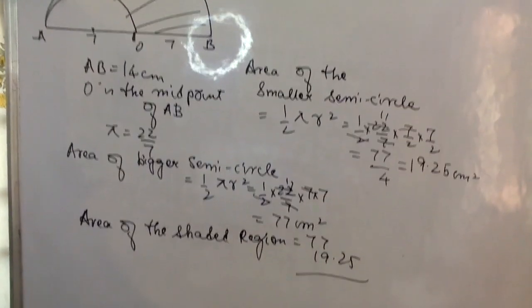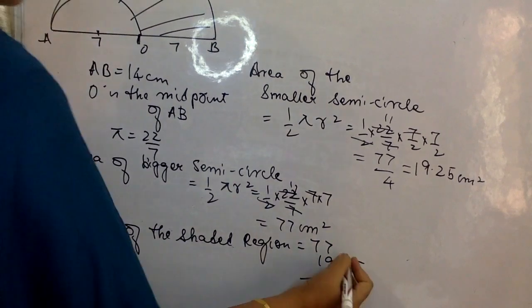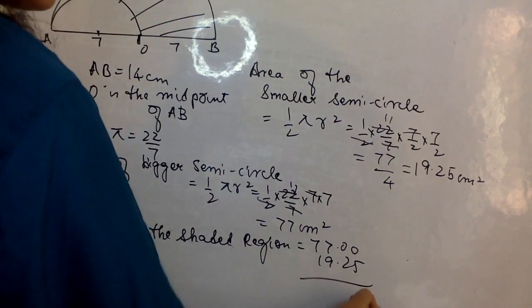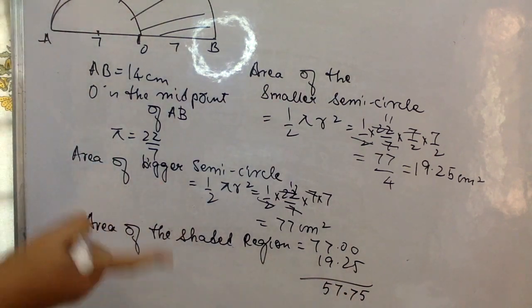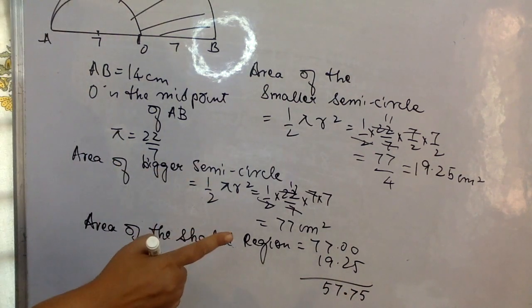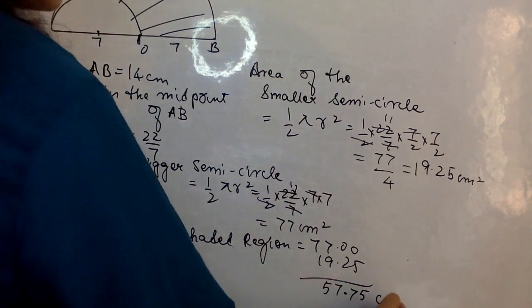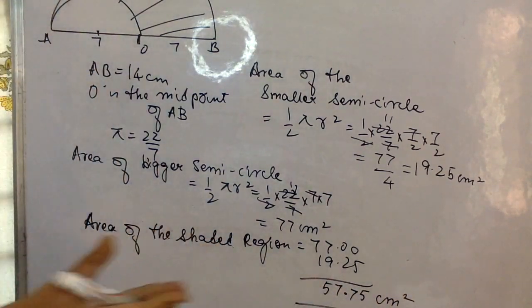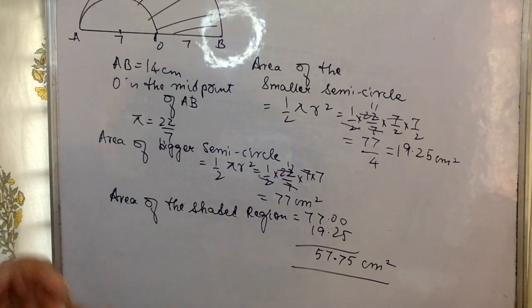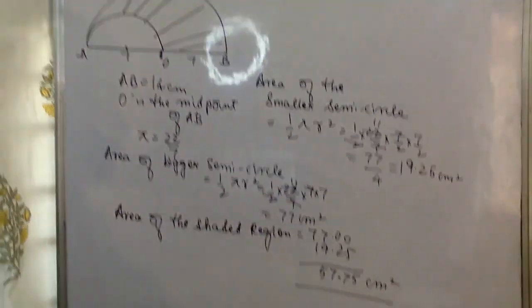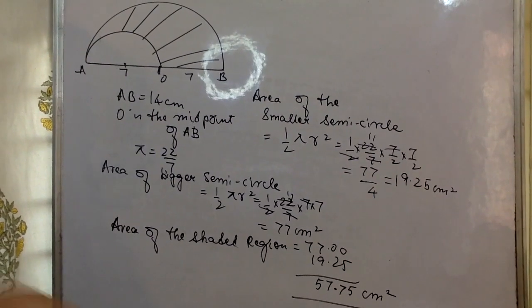And that gives me 57.75 centimeters square. So my final answer comes to 57.75.